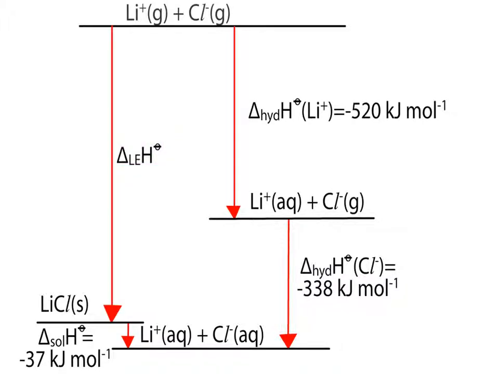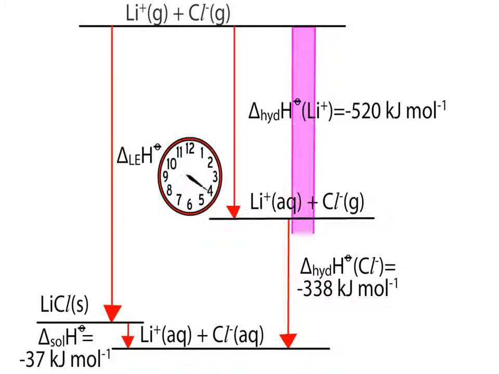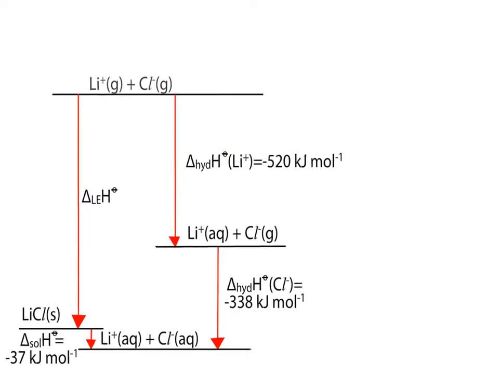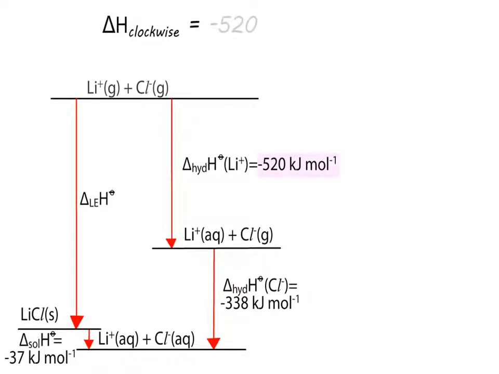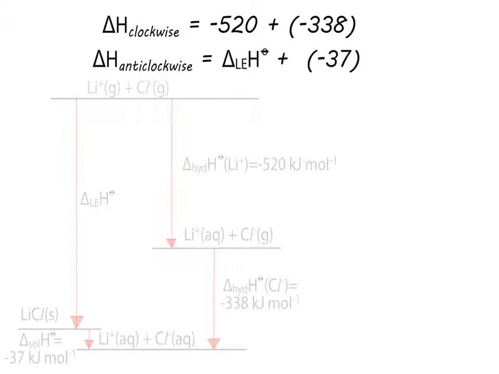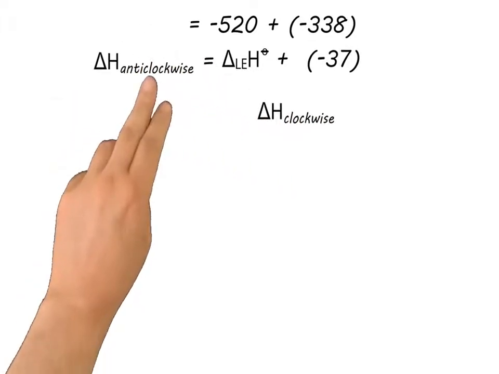Hess's law tells us that the sum of the enthalpy changes going clockwise equals the sum of the enthalpy changes going anticlockwise. We can now rearrange like this.